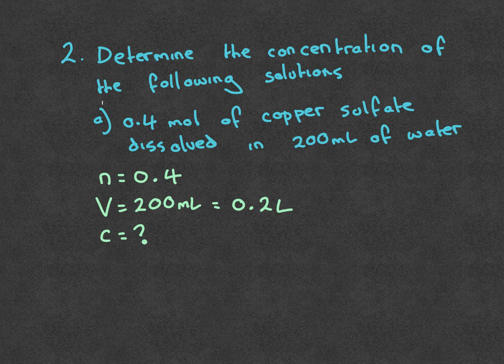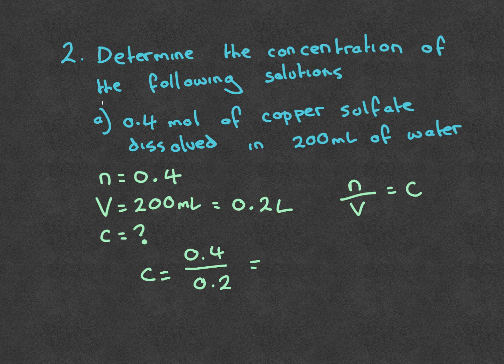So now we know that we've got to go to our equation, which says n over V equals concentration. Now let's have a look at what we know. Concentration is going to be equal to our moles, 0.4, divided by our volume, which is 0.2. Then we can calculate that on our calculator.